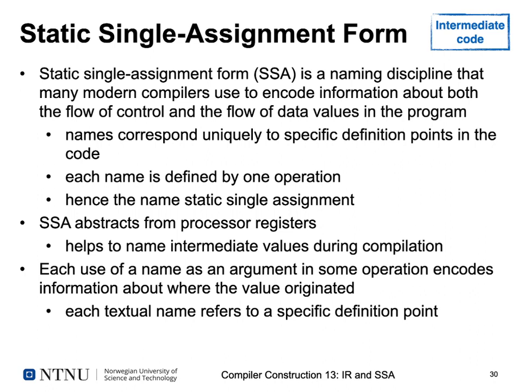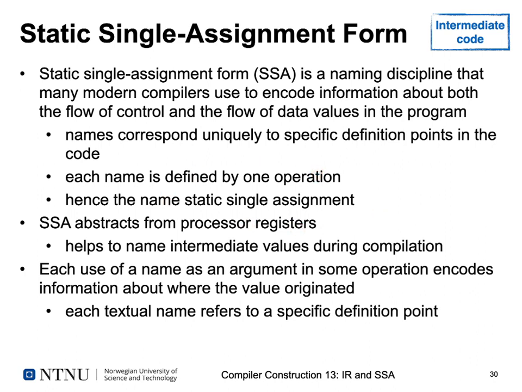Whenever we create a value, so we assign something, we need to create a new name, but we also want to keep track of which variable this was originally assigned to. So each name is defined by one operation, and this operation is an assignment operation. This is why it's called static single assignment.